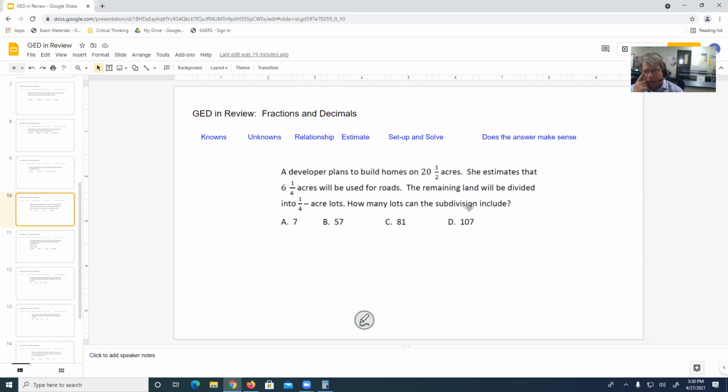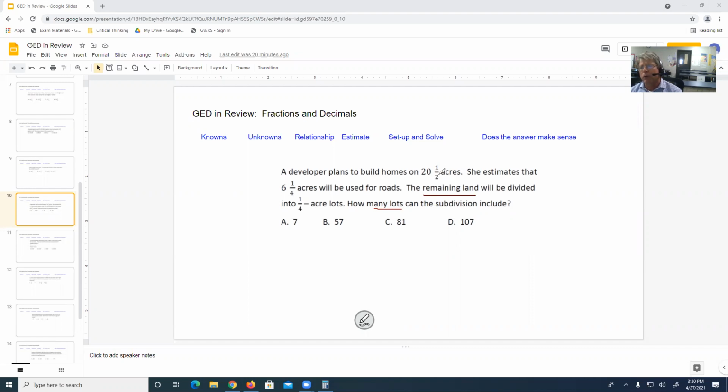So some things we pick up on in this problem is the remaining land will be divided into 1/4 acre lots, and they're asking how many lots can the subdivision include. The word remaining kind of implies that there's a subtraction concept going on.